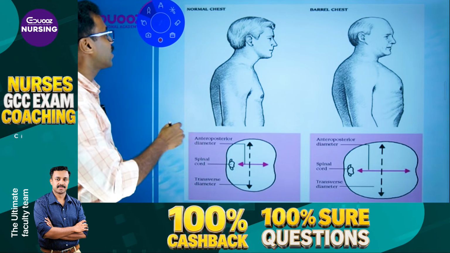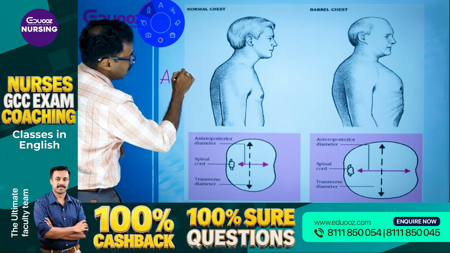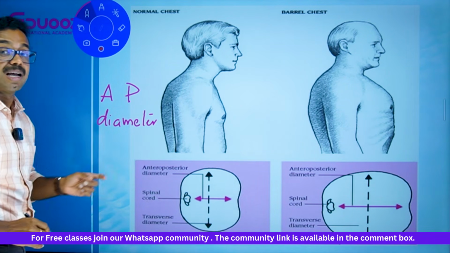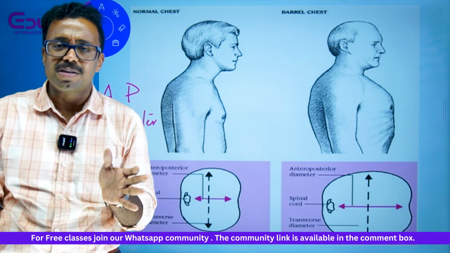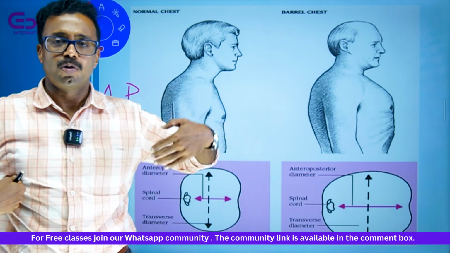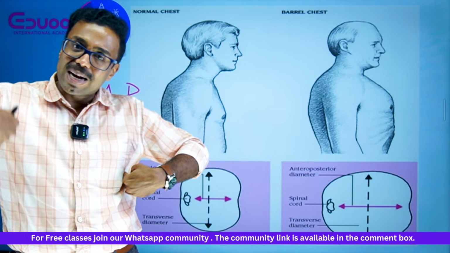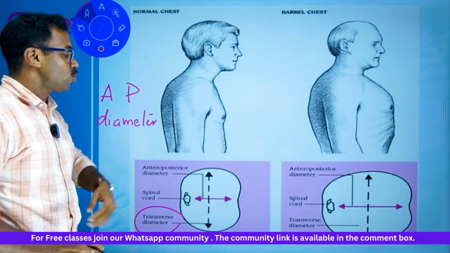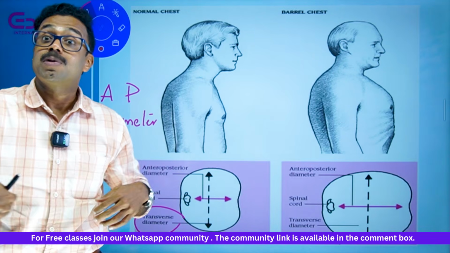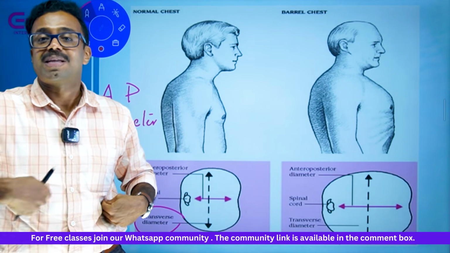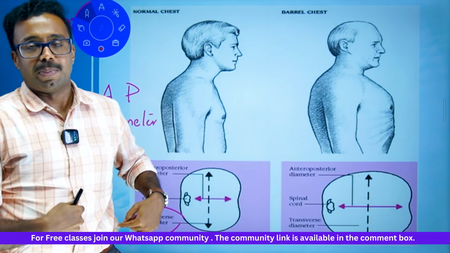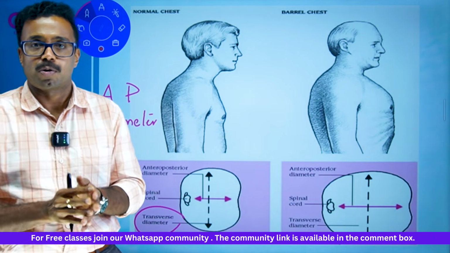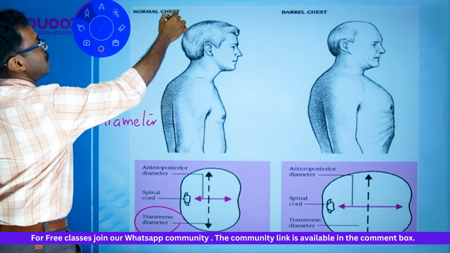The other is the transverse diameter, the side to side diameter, from the left side of the chest to the right. Normally the transverse diameter is larger than the anterior posterior diameter, about 2 times. That is the normal finding.